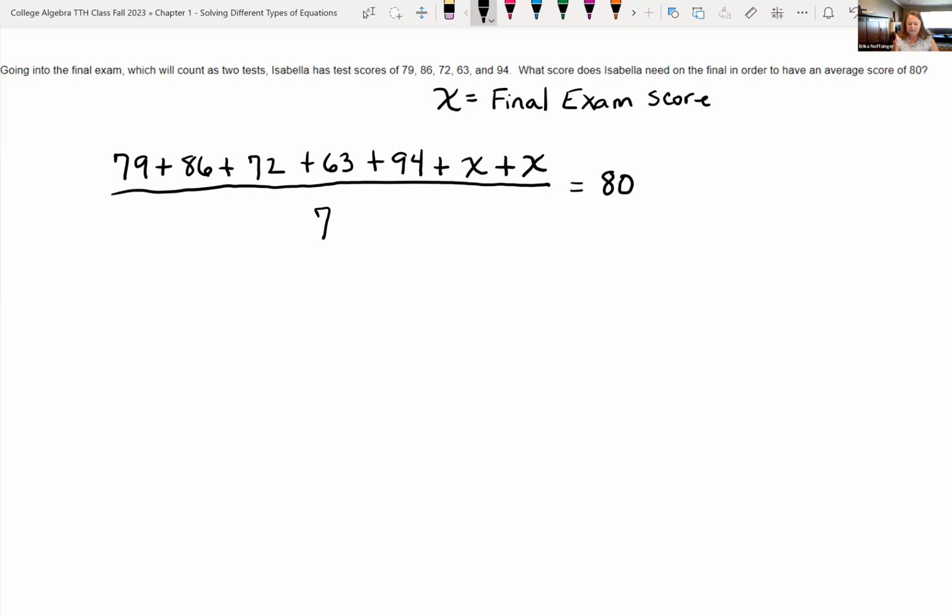So we can simplify by combining like terms in our numerator. And we can get rid of our fraction by multiplying both sides of our equation by that denominator of 7.